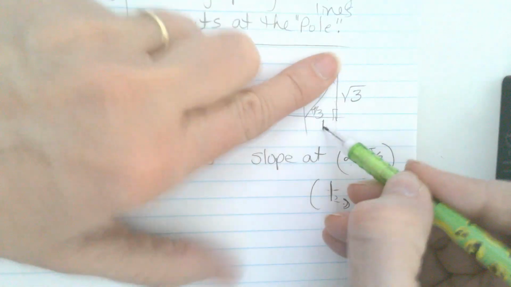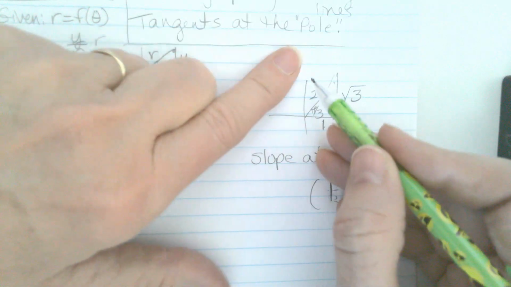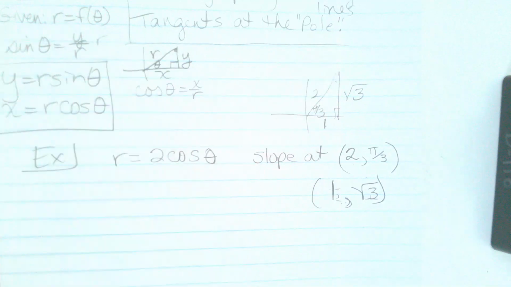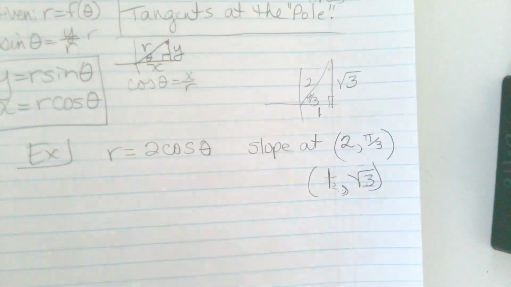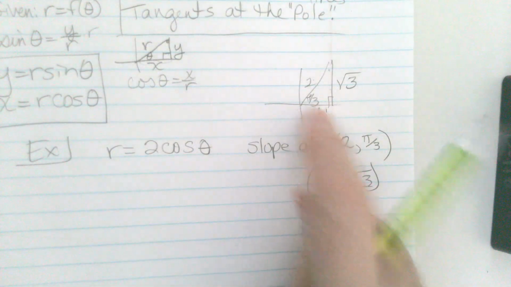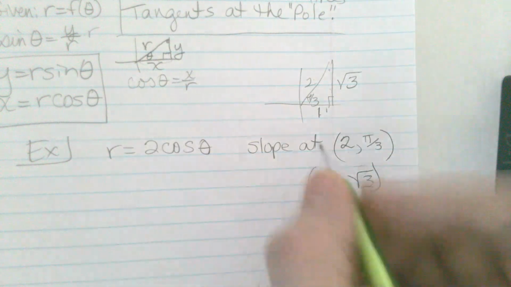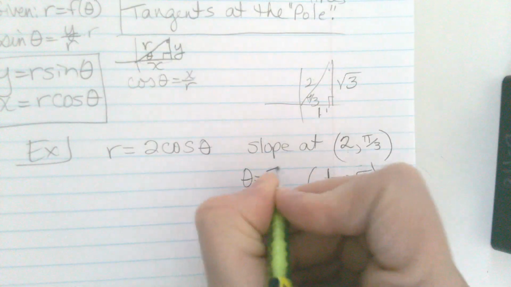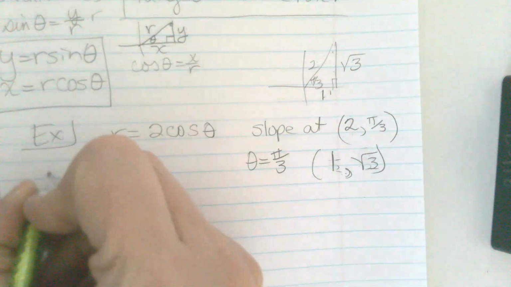If the x value was 1, the y value was root 3, oh, I know that's a 30, 60, 90, and the hypotenuse is 2, right? So whichever version you have, you can figure out that theta had to be pi over 3, correct? So we're finding the slope of the tangent when theta equals pi over 3. Agreed? So let's do our conversions.